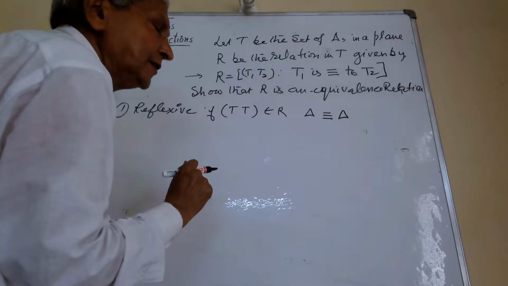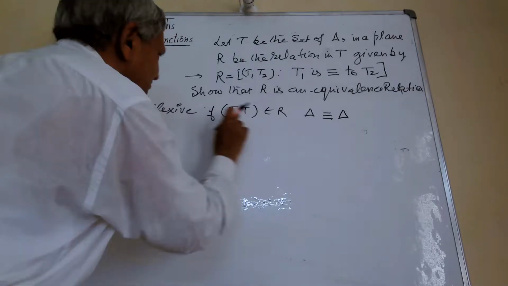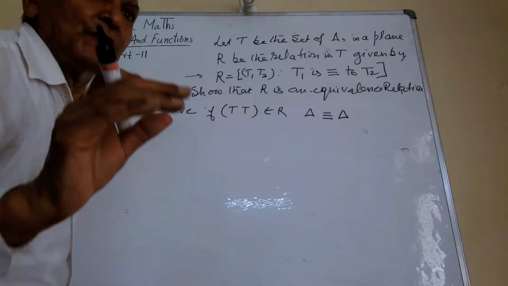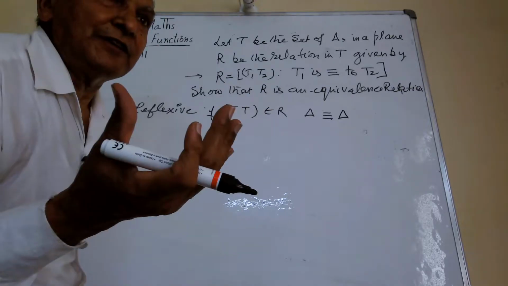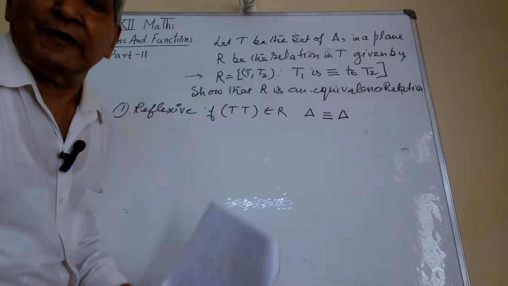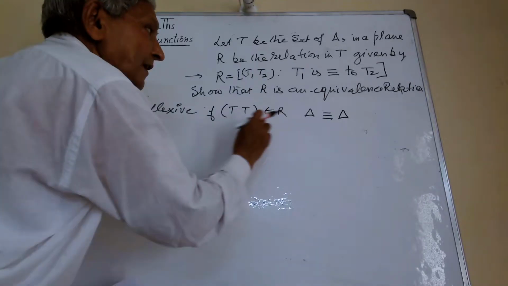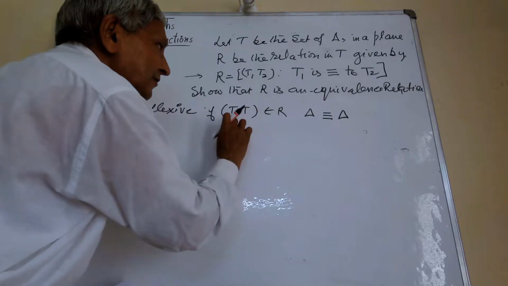But these are the two triangles in a reflexive. You have already read that in reflexive both the elements are same. If both the elements are same, the triangles are the same. And the condition is that both the triangles should be congruent.